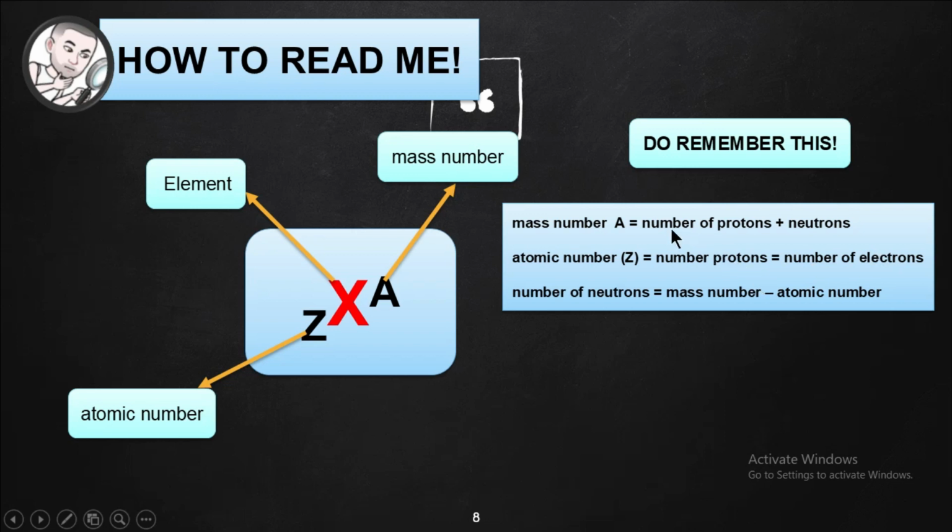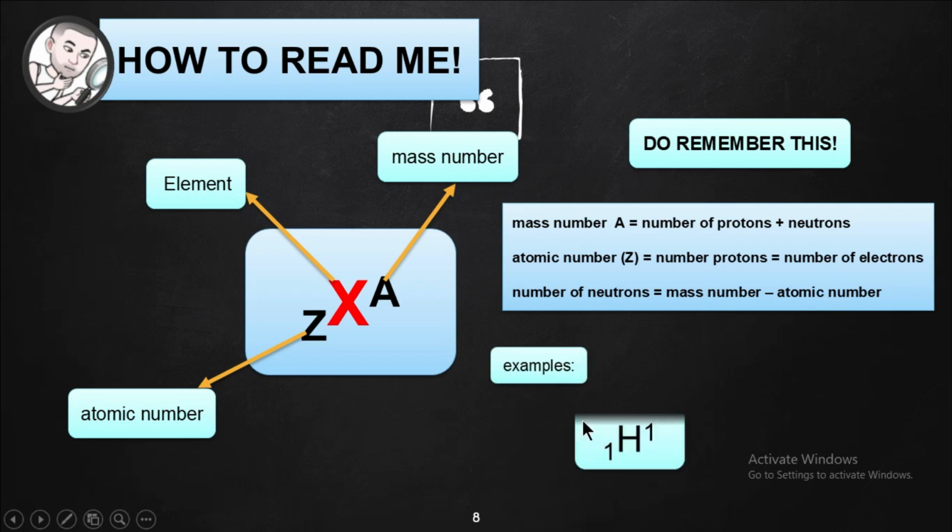In short, kung ano yung atomic number, siya yung magiging number ng protons. Kung ano yung number ng protons, siya naman yung magiging number ng electrons. Yung number of neutrons naman is equal sa mass number minus atomic number. In short, para makuha si neutrons, you have to subtract or minus si mass number kay atomic number.